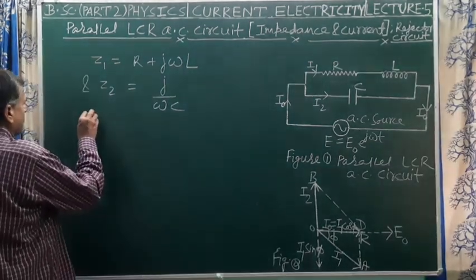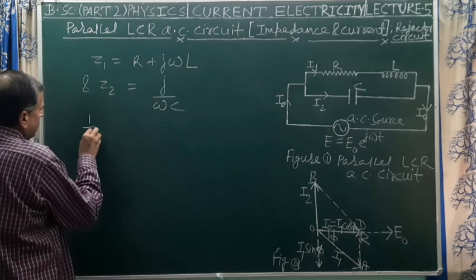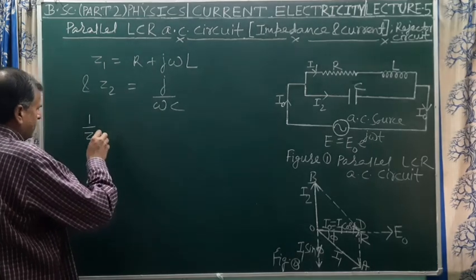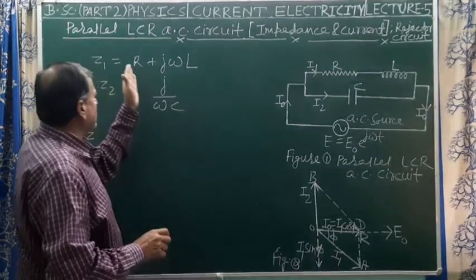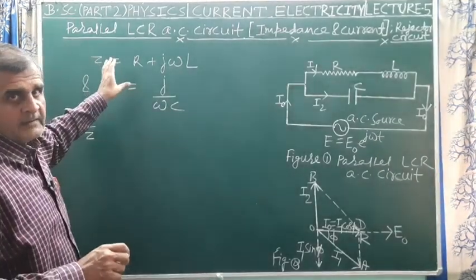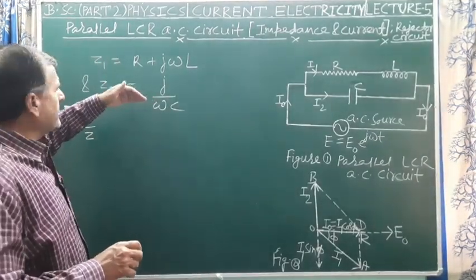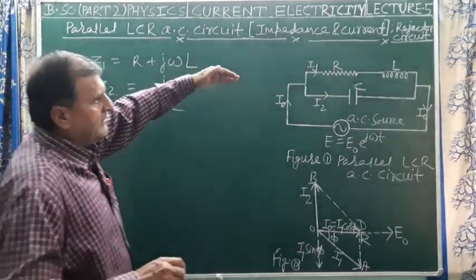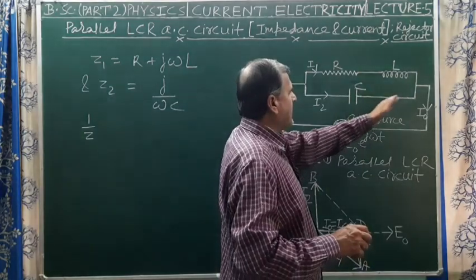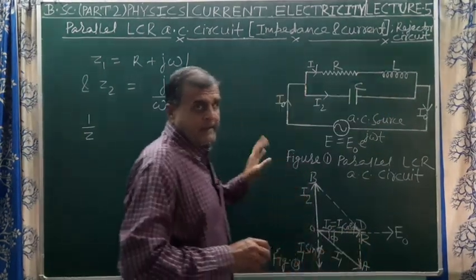So here the total impedance is Z, and it is the parallel of Z1 and Z2, the impedances in the inductor arm and capacitor arm, which are connected in parallel.